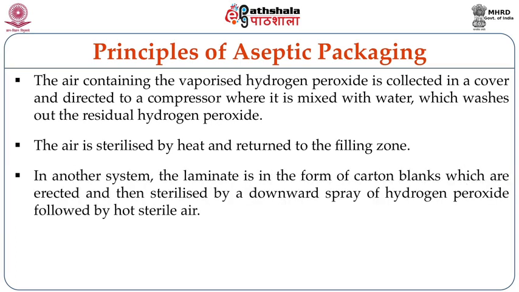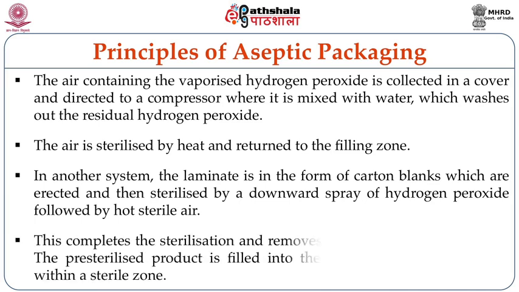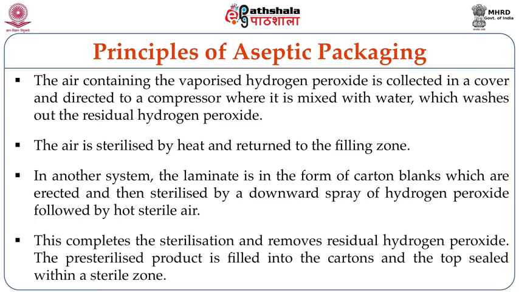In another system, the laminate is in the form of a carton blank which is erected and then sterilized by a downward spray of hydrogen peroxide followed by hot sterile air. This completes the sterilization and removes the residual hydrogen peroxide. The pre-sterilized product is filled into the cartons and the top is sealed within a sterile zone.